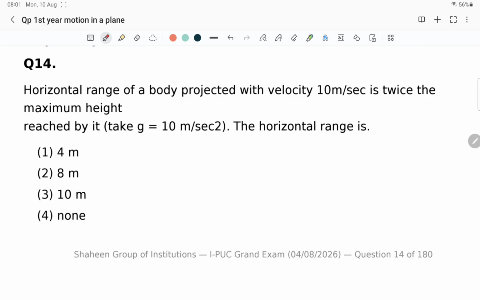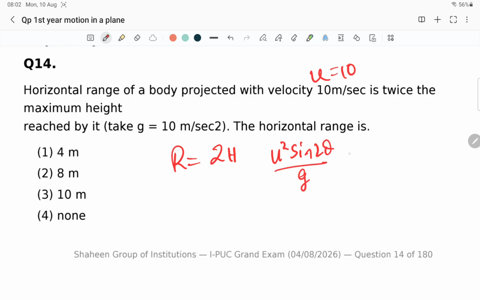Horizontal range of a body projected with velocity u equals 10 is twice the maximum height. So R equals 2H he has given. R formula is u square sine 2 theta by g is equal to 2 times height, u square sine square theta by 2g, isn't it?